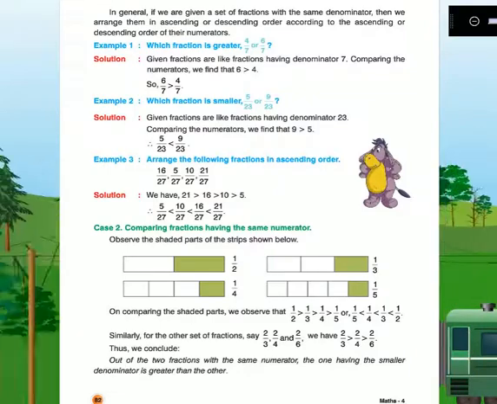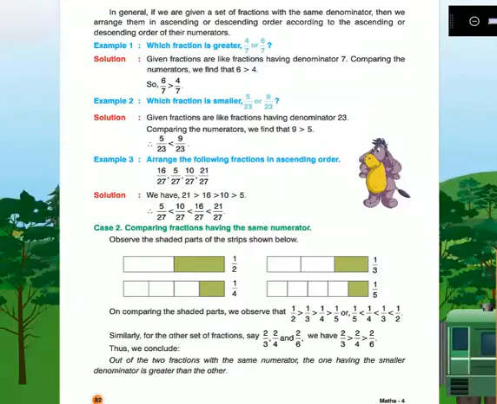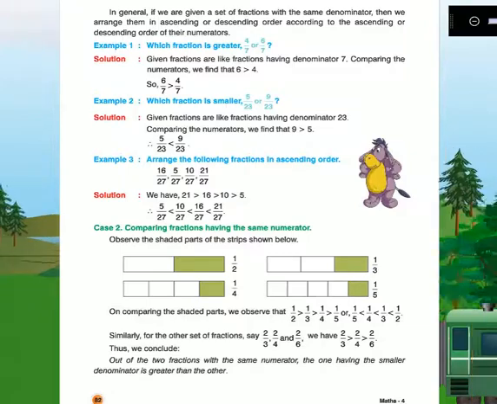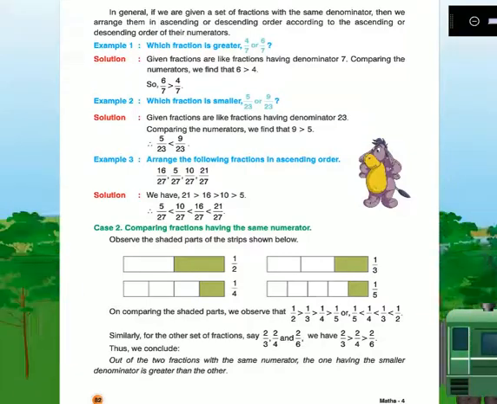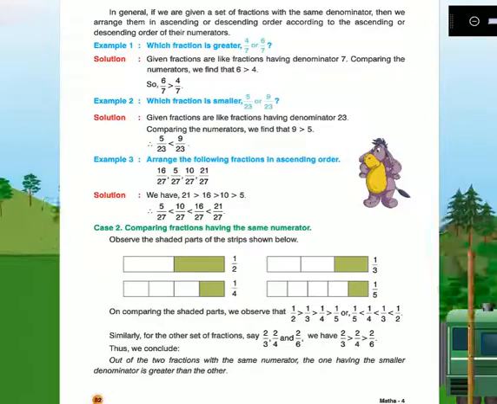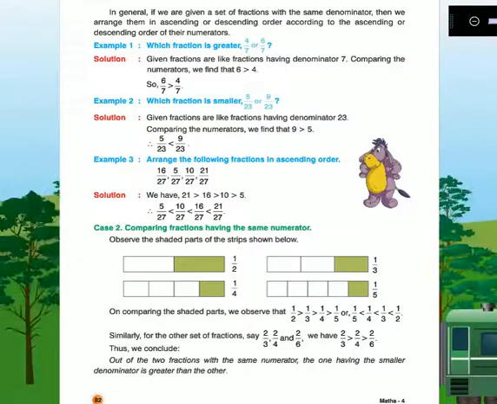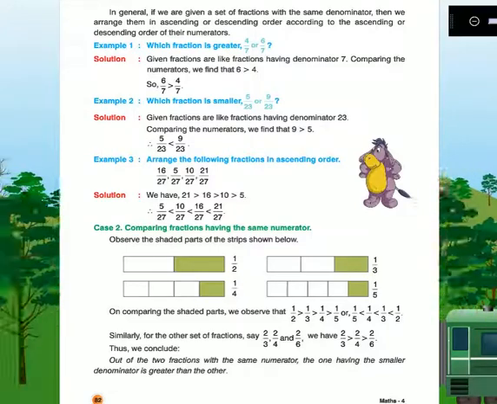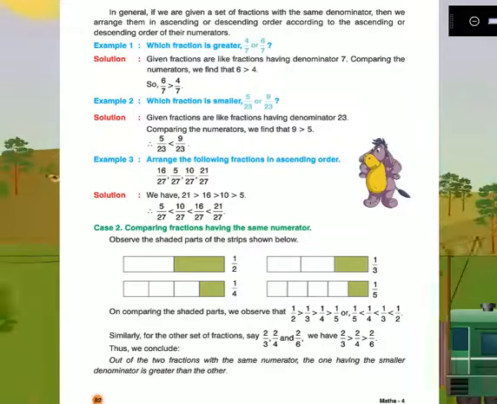Or 1 by 5 is less than 1 by 4, which is less than 1 by 3, that is less than 1 by 2. Similarly, for the other set of fractions, say 2 by 3, 2 by 4 and 2 by 6, we have 2 by 3 is greater than 2 by 4, which is greater than 2 by 6. Thus we conclude, out of the two fractions with the same numerator, the one having the smaller denominator is greater than the other.